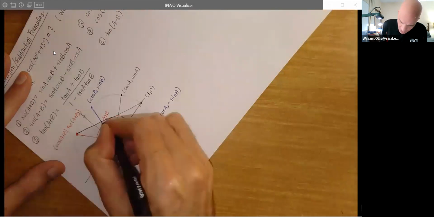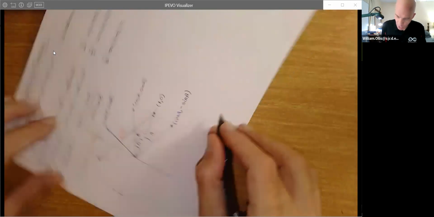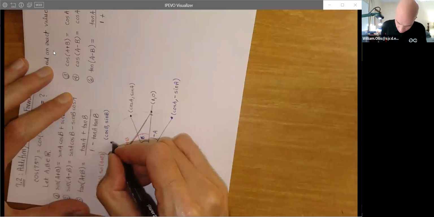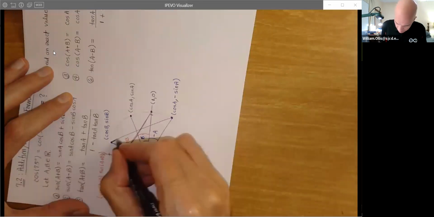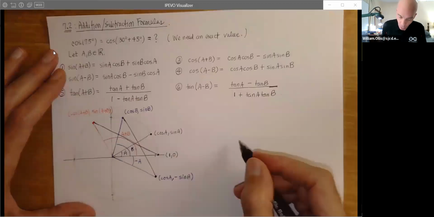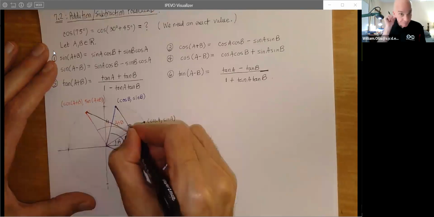You can label all these points, but it doesn't matter. We know what the corresponding points are. And then the other one's right here, A plus B. So again, congruent arcs subtend congruent chords. So we have this chord and this chord congruent.